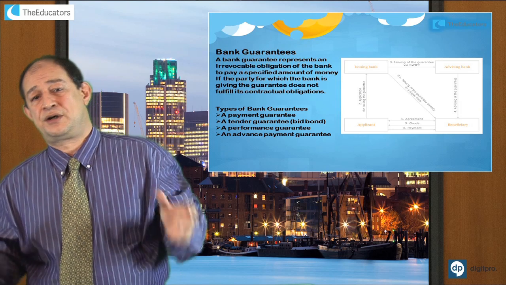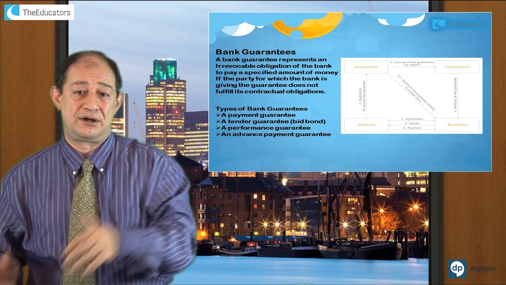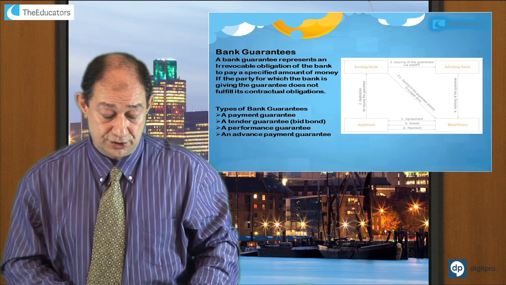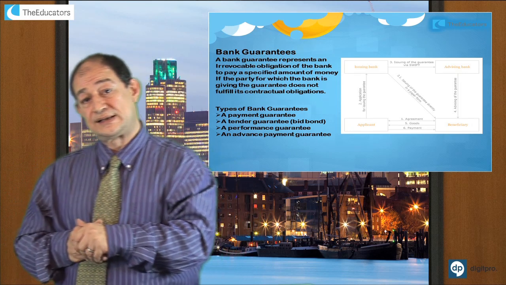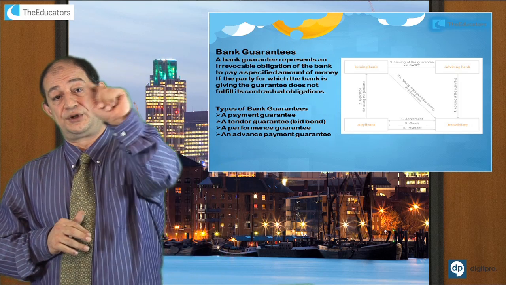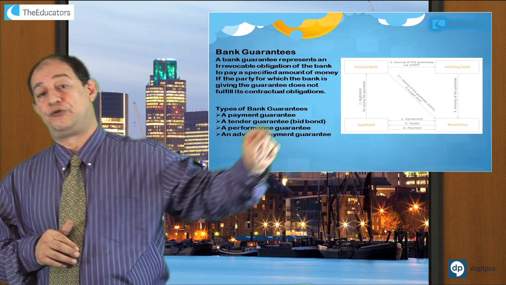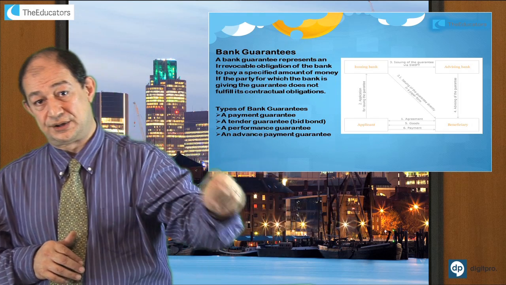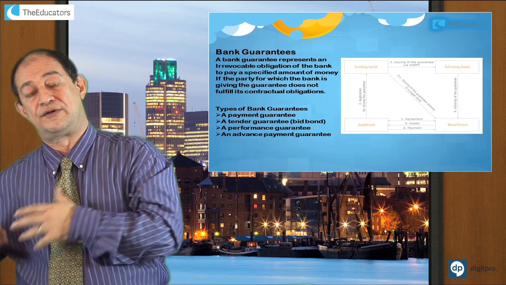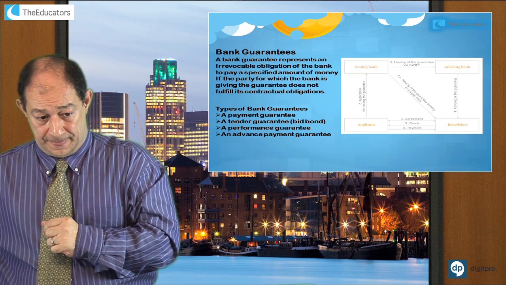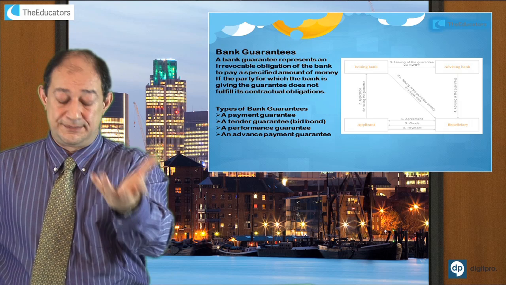But what about my cost, my waiting, my lost opportunities? So I'll say, look, I open an LC for $1 million, but you have to open a bank guarantee that if you don't fulfill your obligation, I can get that money to cover my costs. So that's a very simple bank guarantee.